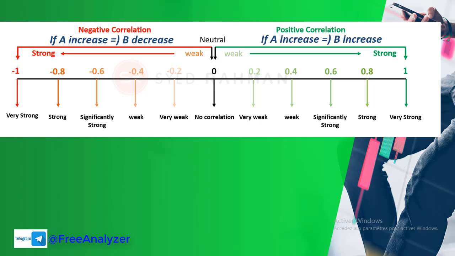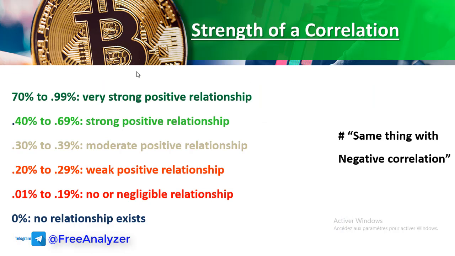In order to measure the strength of a positive or negative correlation, we give a number between 0 and 1 for positive correlation and 0 to less than 1 for negative correlation. I will explain positive correlation here, and it is the same case for negative correlation.